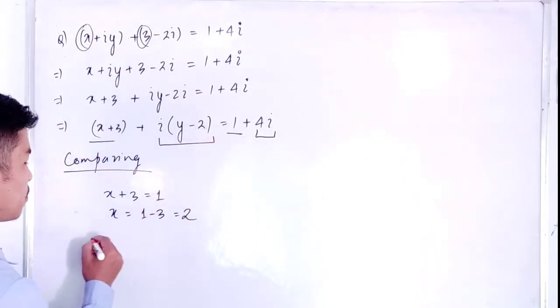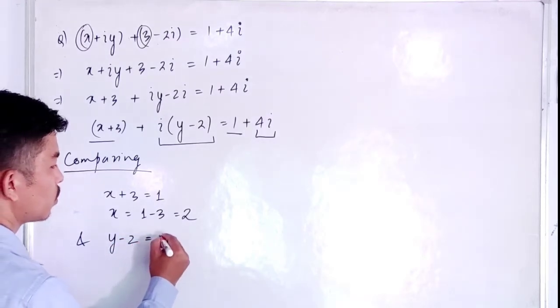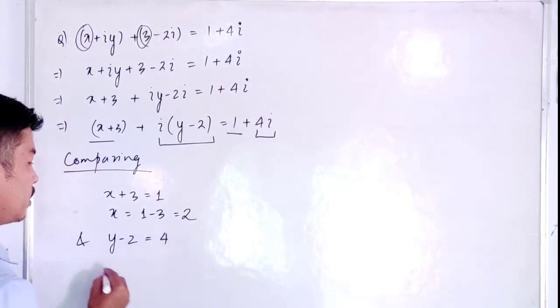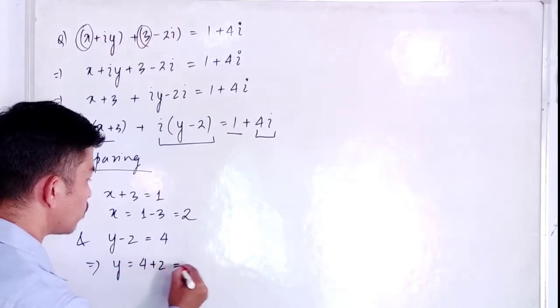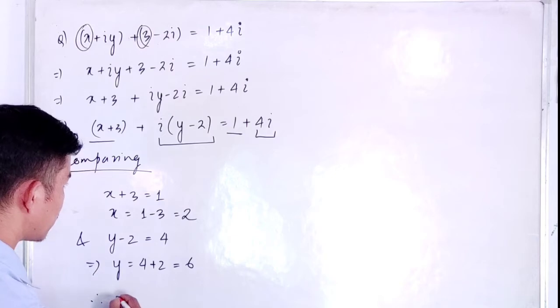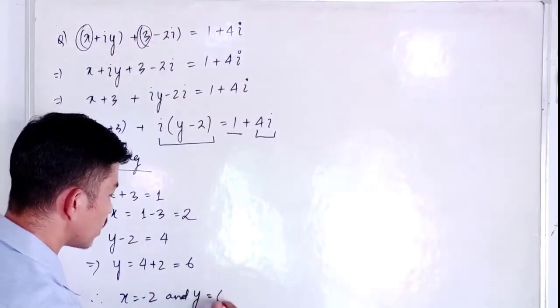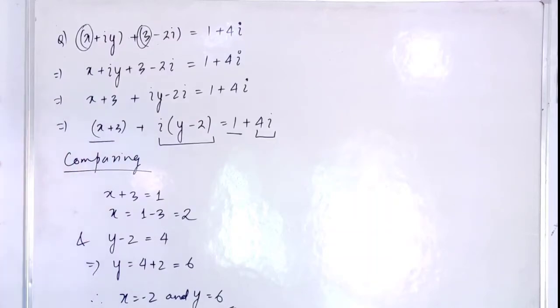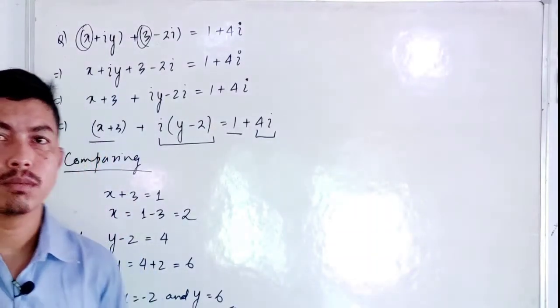Comparing the imaginary part, I have y minus 2 equals 4, which implies y equals 4 plus 2, that is 6. Therefore I get x equals minus 2 and y equals 6. That is how we solve the given questions related to complex numbers and get the value of x and y.